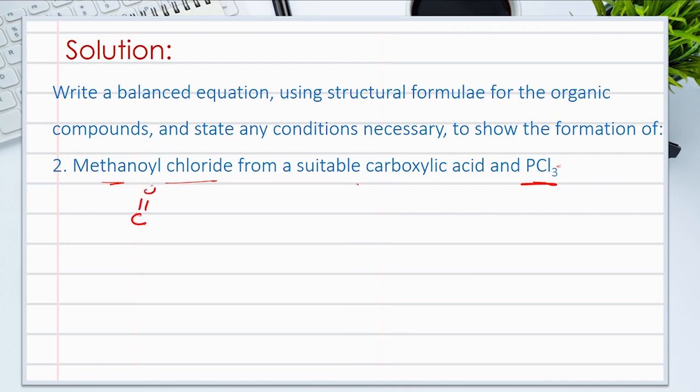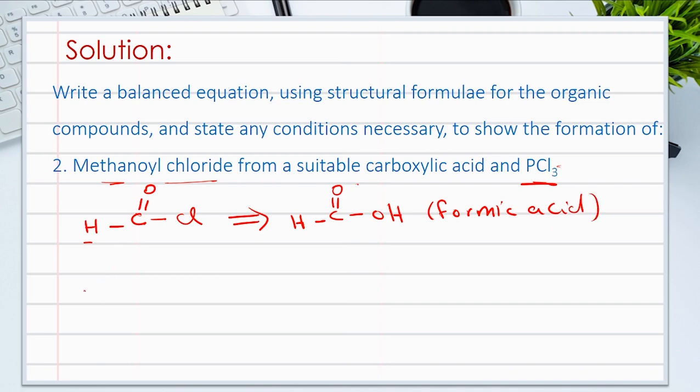This carbon is doubly bonded to oxygen atom and singly bonded to chlorine atom, and attached to a hydrogen atom for the carbon to have 4 surrounding bonds. By that, the starting material should also contain 1 single carbon, doubly bonded to oxygen and singly bonded to hydroxyl and another hydrogen. You can see that the corresponding carboxylic acid is formic acid.